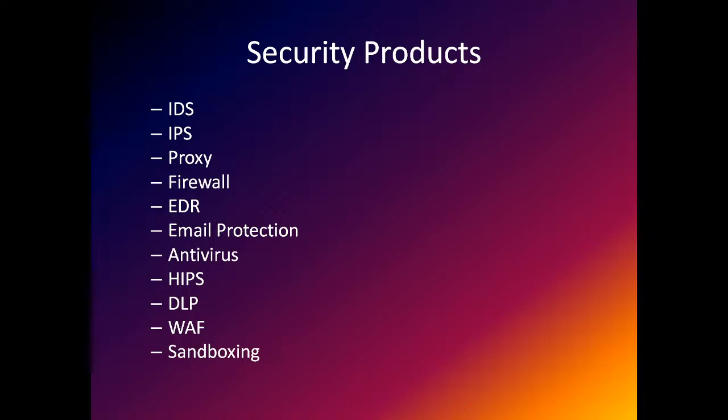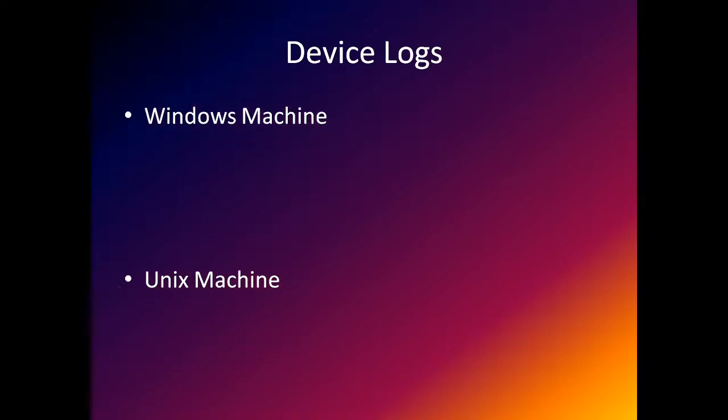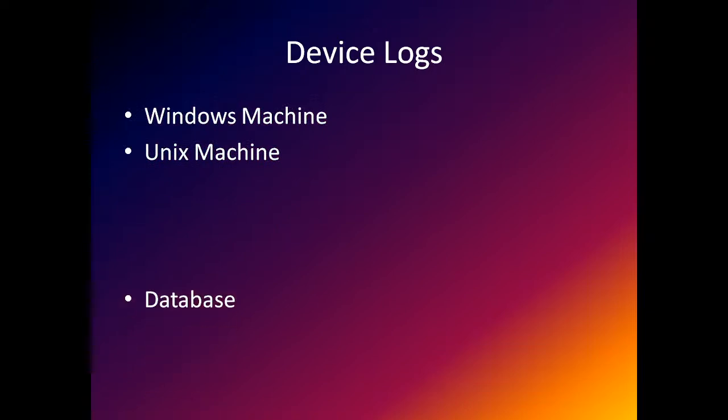Once you have a good understanding of these different security products, different indicators of compromise, and different log formats, then you can jump to the device logs. As I mentioned already, Windows machines generate logs, Unix machines generate logs, databases generate logs.